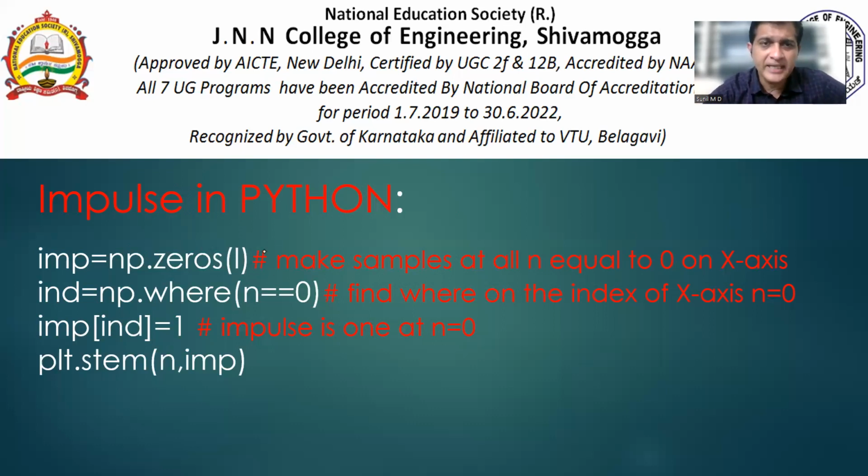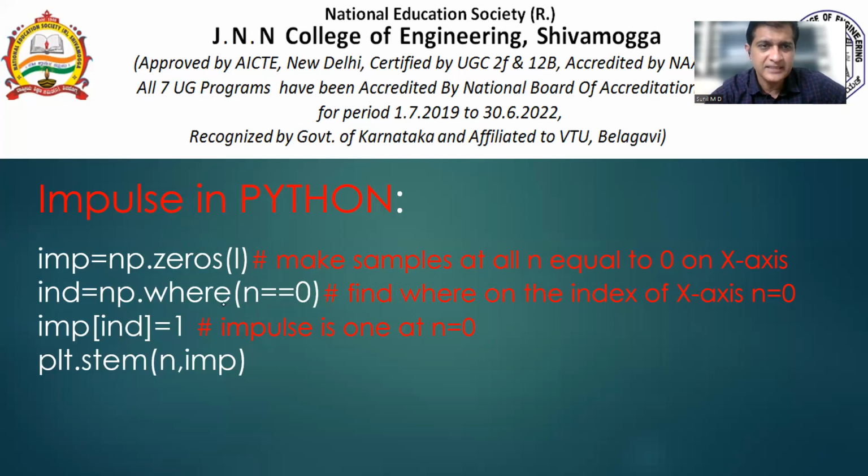I've told you in Python you can write comments by using this hash symbol. So what is being done in the first line here? Impulse np dot zeros. Zeros is a function in the NumPy library, and that is used to make the length n. That means however many points there are, all those points are made 0 on the x-axis. Fine.